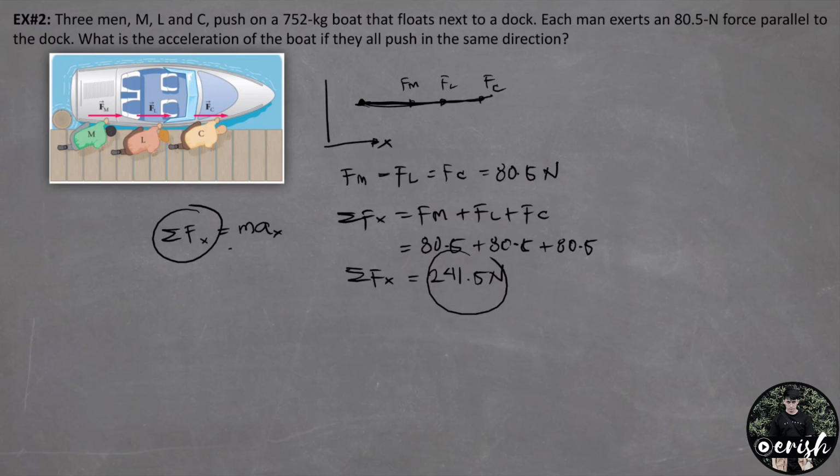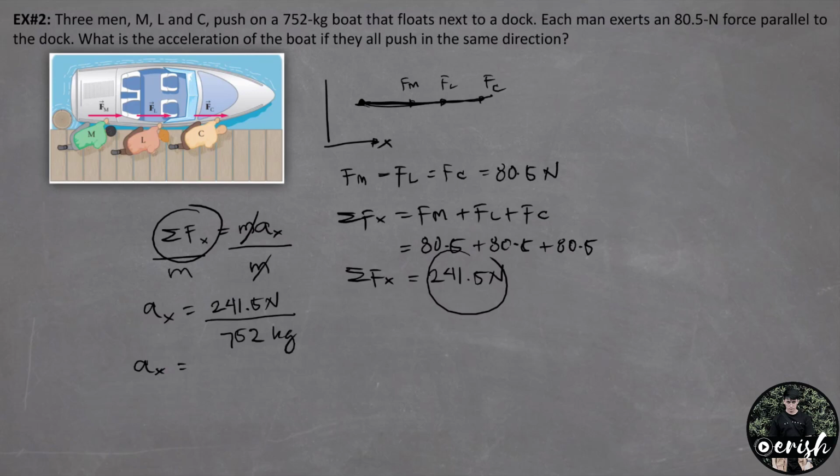Solving for the acceleration, we divide both sides by the mass. So we can cancel the mass ulit. Acceleration due to the horizontal component is equal to 241.5 Newton as the net force over the mass na 752 kilograms.